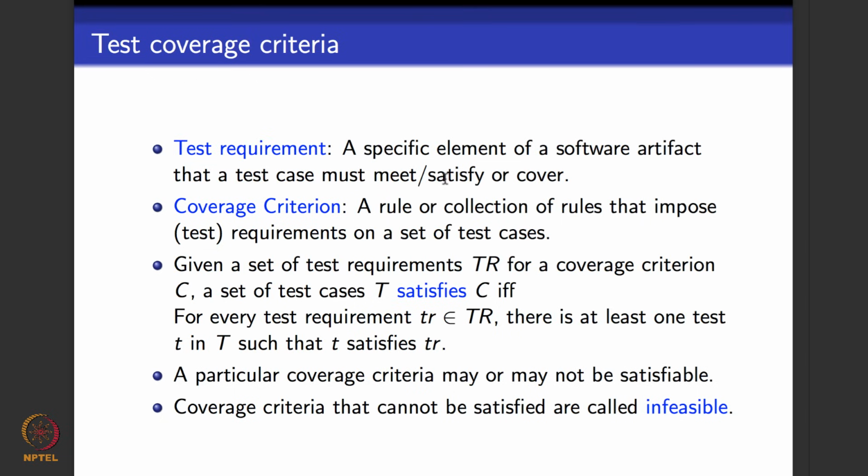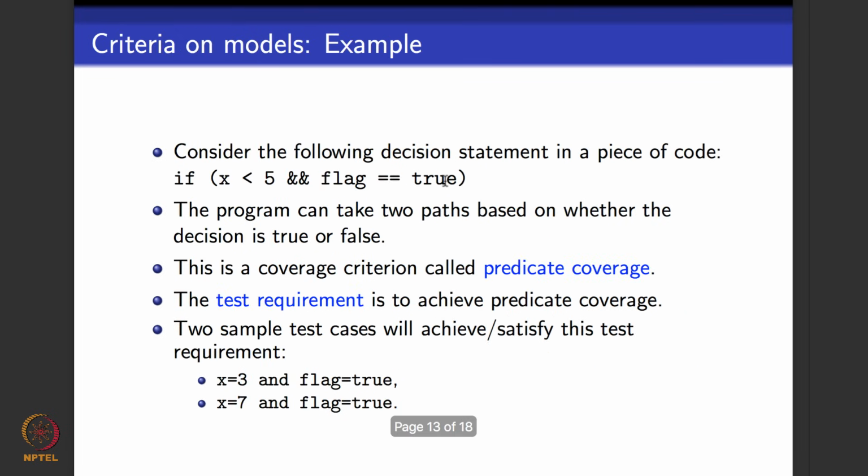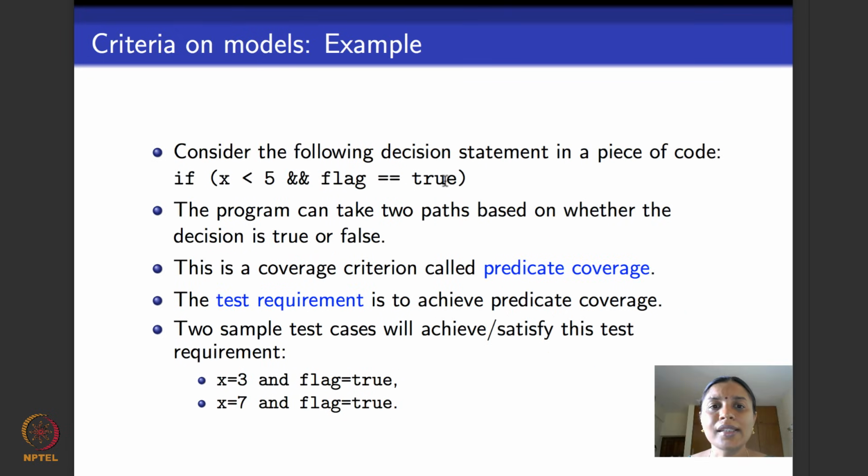So it is to be noted that a particular coverage criteria may or may not be feasible. Like for example, you take an if statement that occurs in something like this. Let's say this if statement is labeled by a predicate that can never be made false. For example, it could be labeled by a predicate that is always true, or a tautology. In which case, I say that predicate coverage criteria on this if statement becomes infeasible, right?